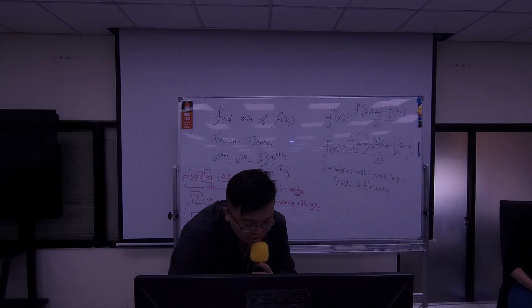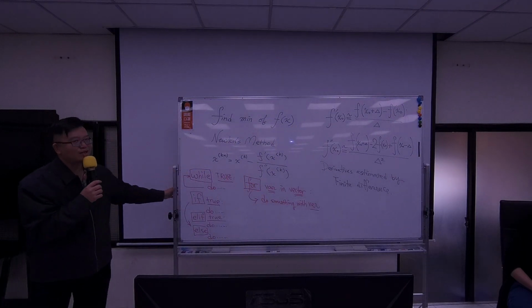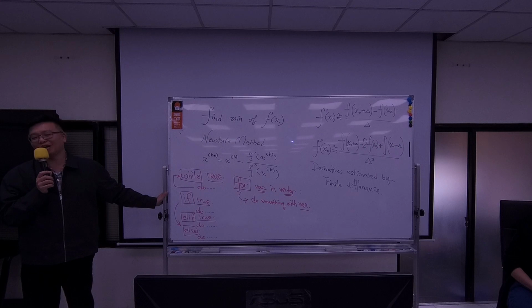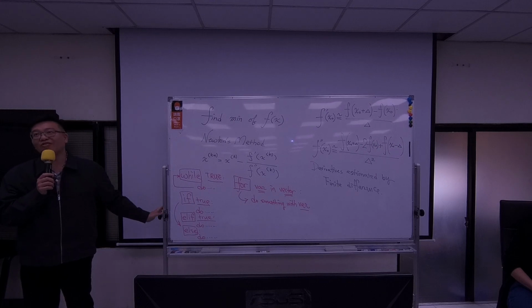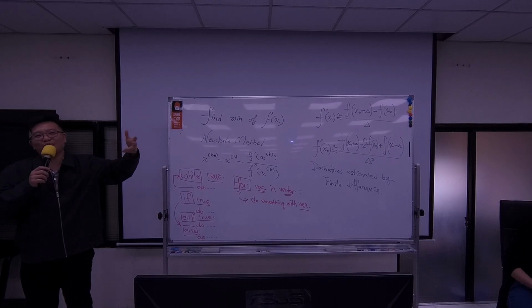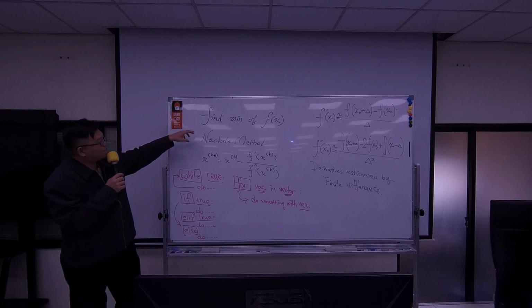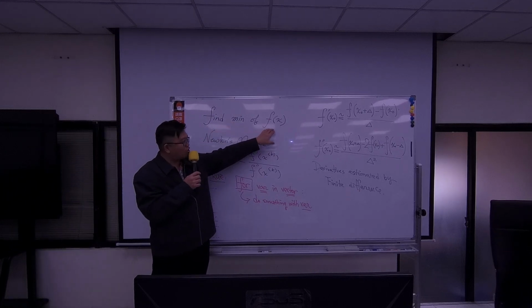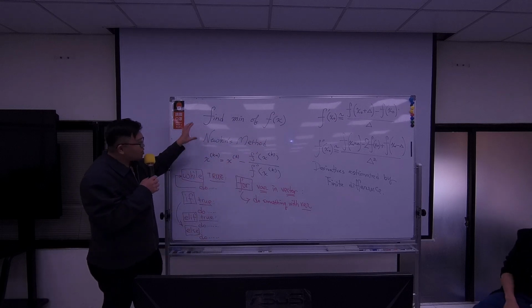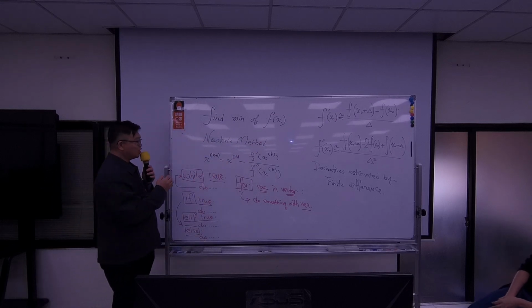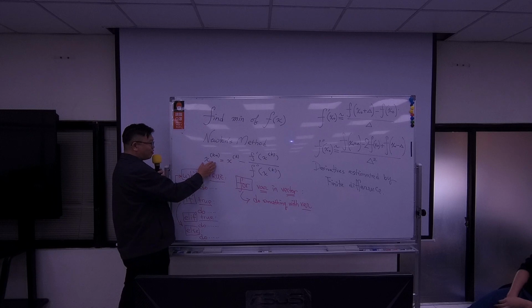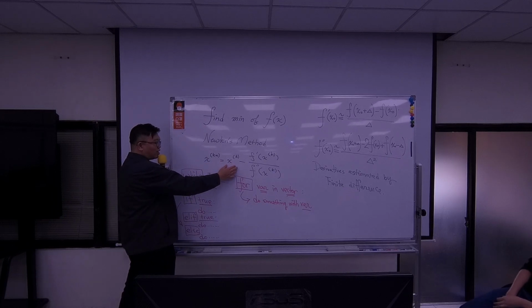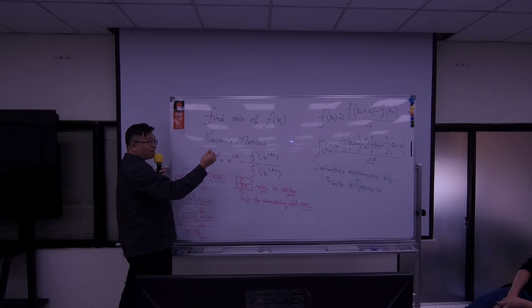Okay. So this is not a math course, but we are solving a real problem. We need to know the math. If you want to find a minimum point for a function, Newton's method says you can get your solution, but you will have to have some kind of guess.